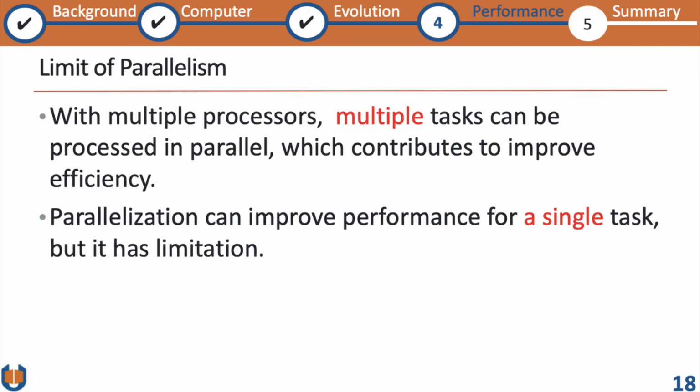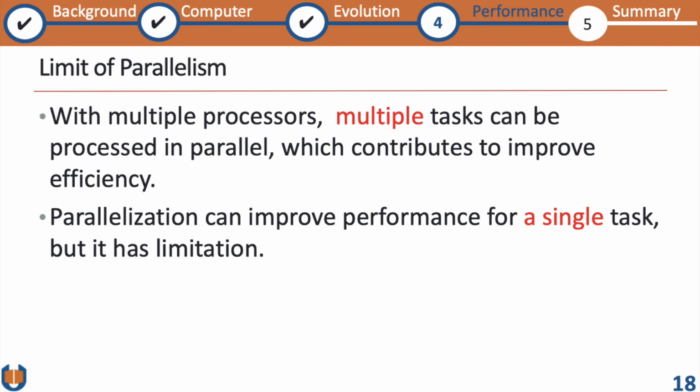However, there are some limits of parallelization. With multiple processors, it is possible to perform multiple tasks simultaneously or in parallel. So definitely that improves the efficiency of a given task. And also parallelization can improve the performance of a single task.